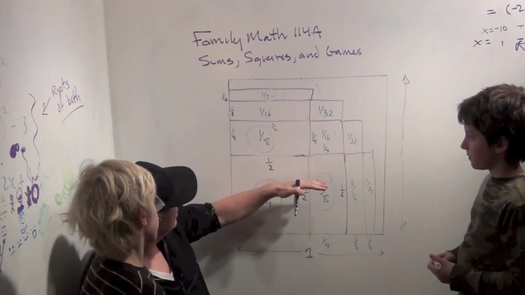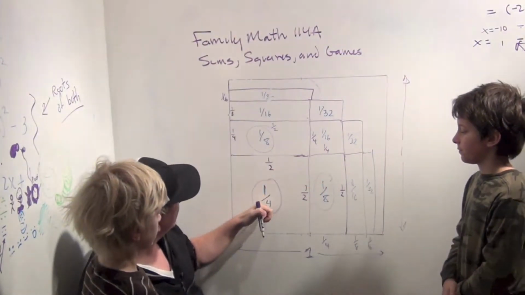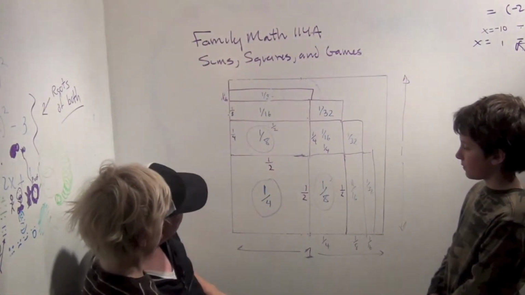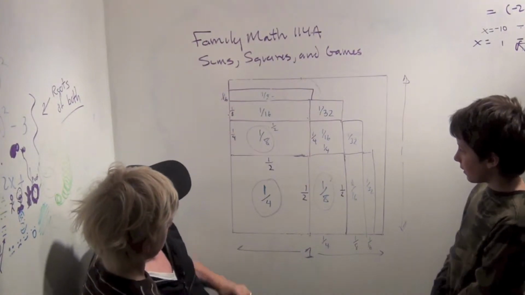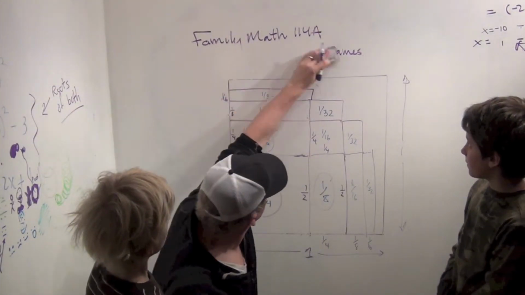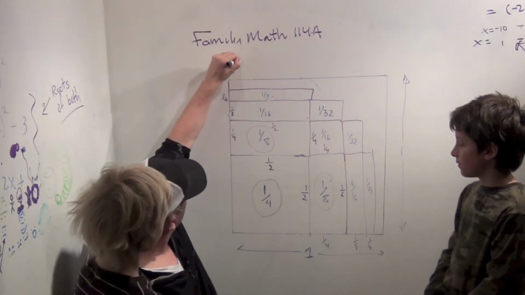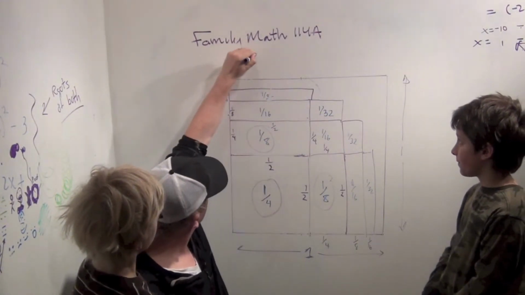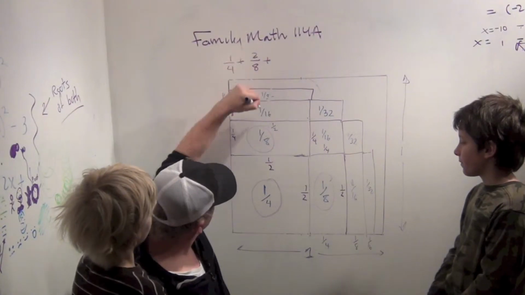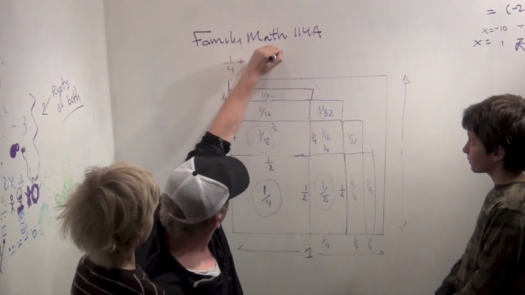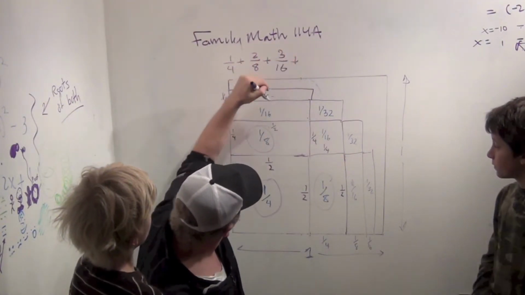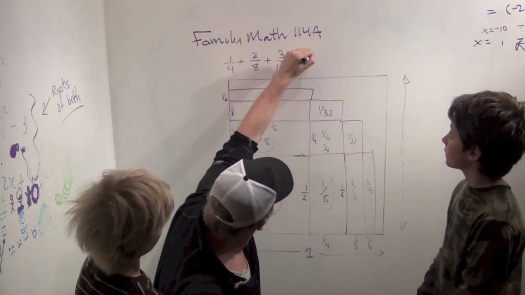Right, and we're going to get a sum of areas. I didn't leave myself enough room to write it, so I'm going to erase some squares and games. I'm going to get 1/4 plus 2/8 plus 3/16 plus 4/32.